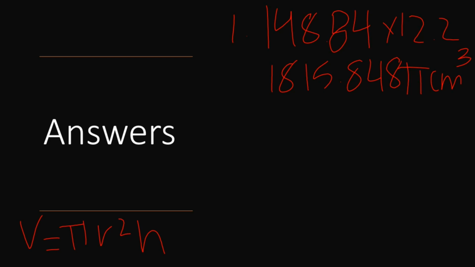Okay, so for the second problem, they give you the diameter, not the radius, so be careful. You have to divide by 2 to get the radius. So your radius is actually going to be 7. So when you plug it in, you get volume equals pi times 7 squared times the height of 18.